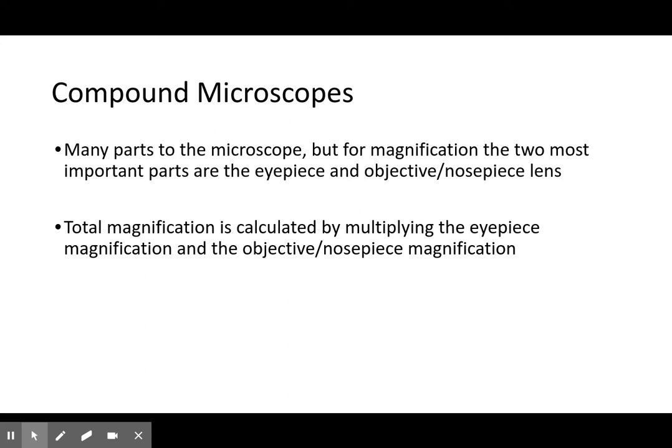They go by both names. You'll see some resources refer to them as the objective lens, and you will see other resources refer to them as nose piece lenses. The total magnification is going to be calculated by multiplying the eyepiece magnification and the objective or nose piece magnification.